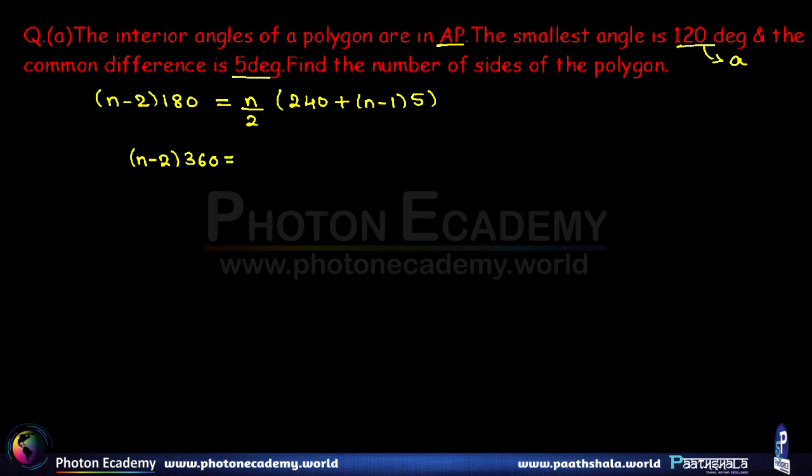360 is equal to n into 240 plus 5n minus 5.